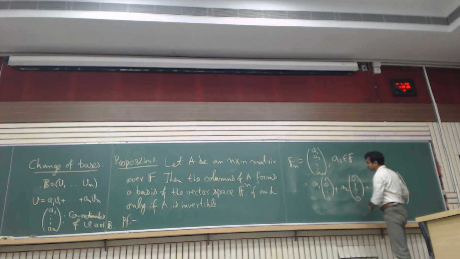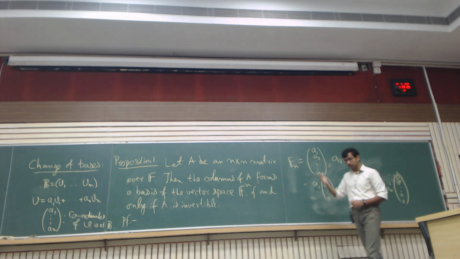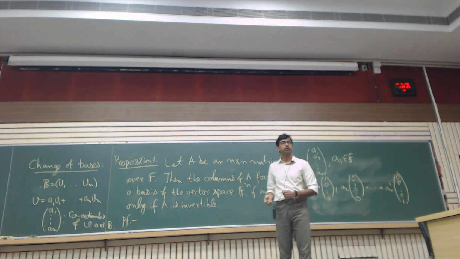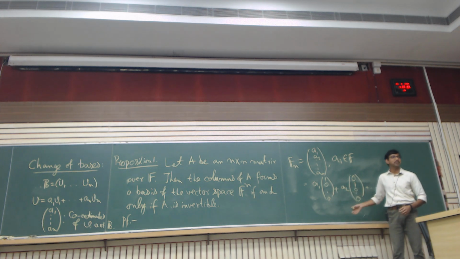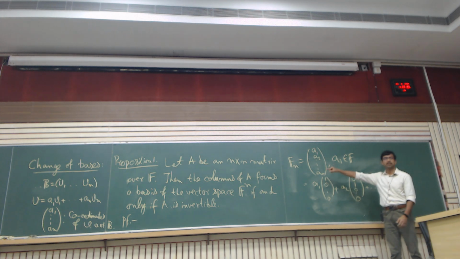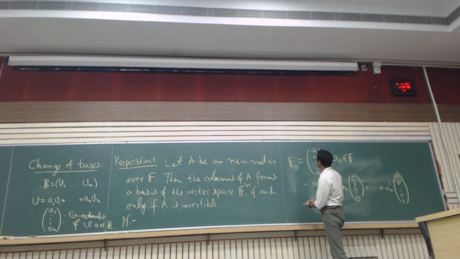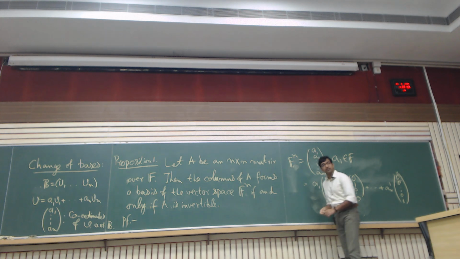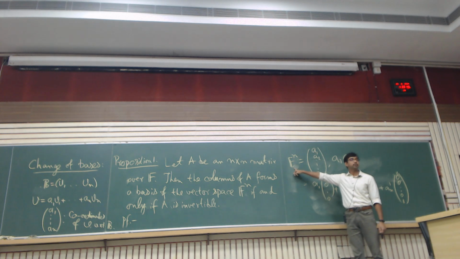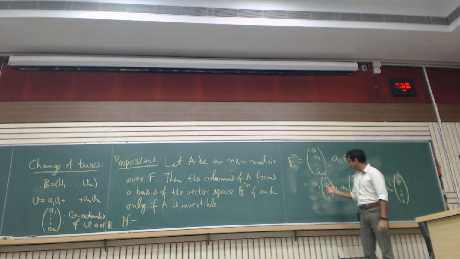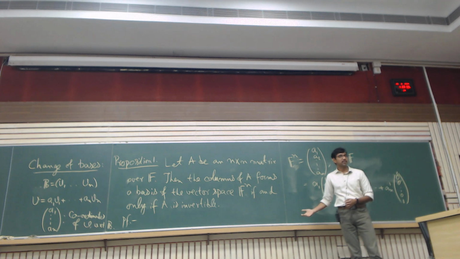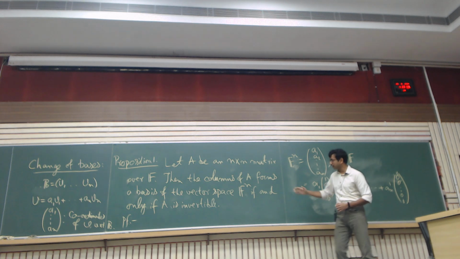If this is equal to 0, then the only possibility is that each of A1, A2, through An is equal to 0. So by definition the columns of the identity matrix are linearly independent and they span the space Fn, so it must be a basis. That's why we say the dimension of this is n. Not because we write an n here, but because there exists a basis of cardinality n which spans this space.